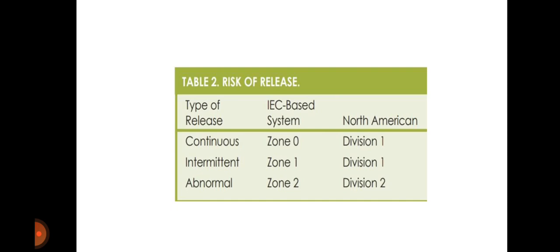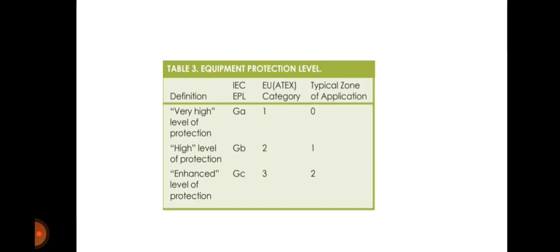Here, table 2. In table 2, risk of release, the type of the releases, IEC based system and North American: continuous, Zone 0, Division 1; intermittent, Zone 1, Division 1; abnormal, Zone 2, Division 2. In table 3, we can see the equipment protection level.